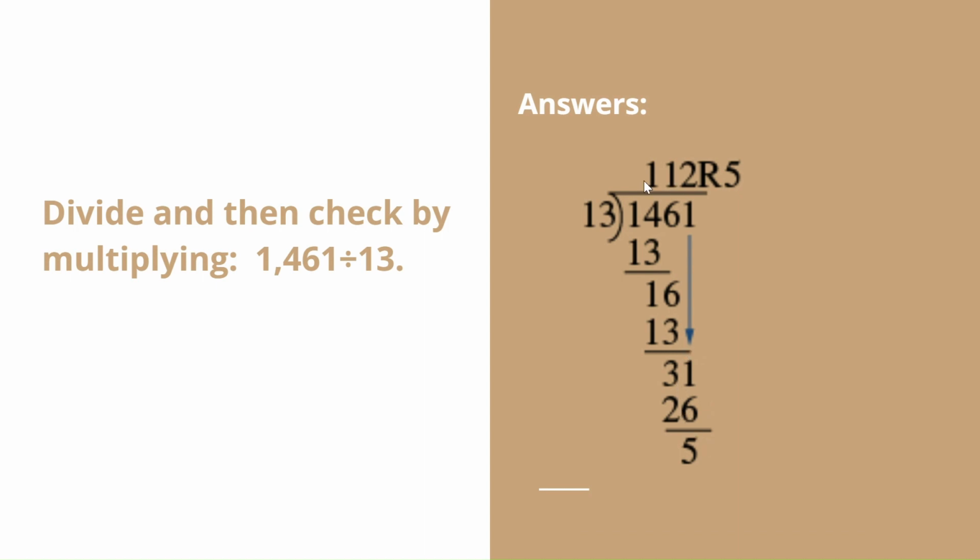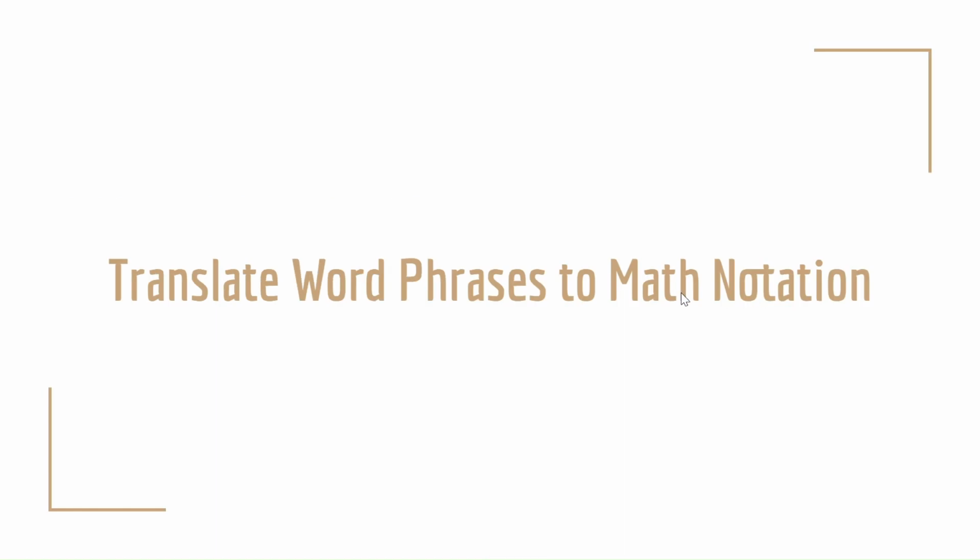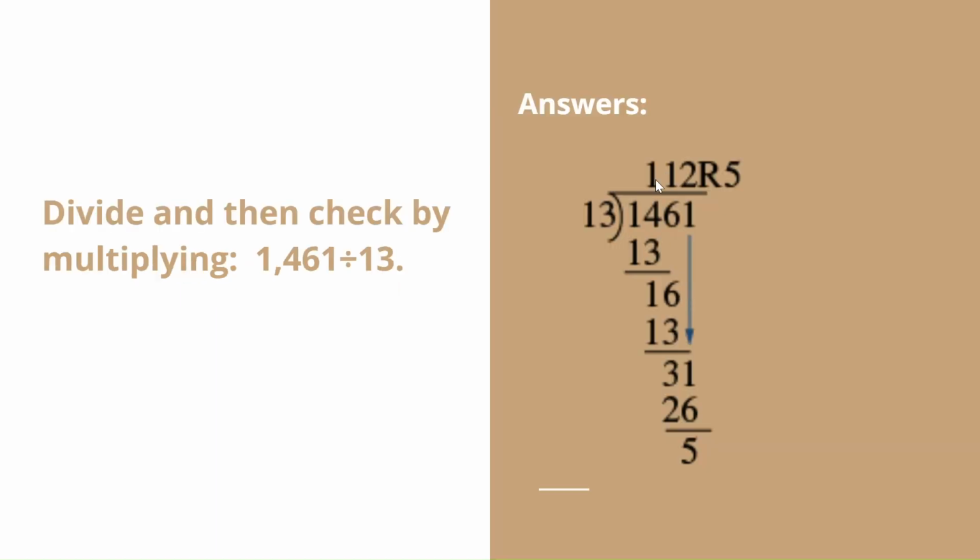So the answer will be 112 with a remainder of 5. And if you want to check it, 13 times 112 will be 1456, and plus 5 will be 1461.